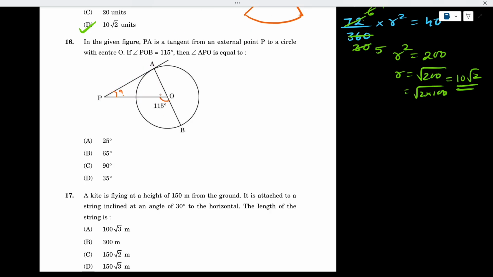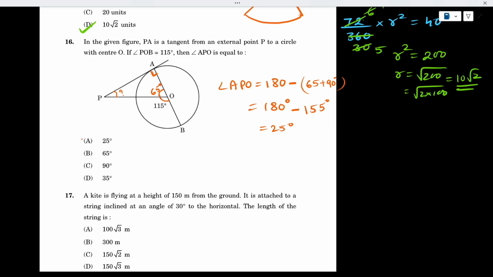So for this you can use linear pair, right? So you can do here 180 minus 115, which is going to be 65 degrees, and the tangent is always perpendicular to the radius, so this is 90 degrees. So angle APO will be equal to 180, using angle sum of a triangle, minus 65 plus 90 degrees, which is 180 minus 155 degrees, which is equal to 25 degrees.